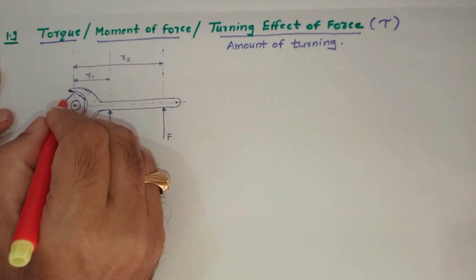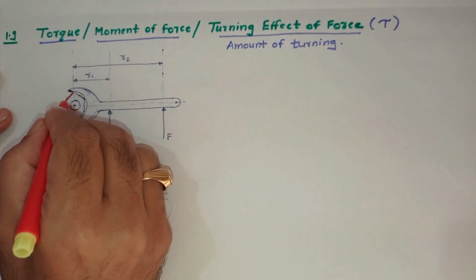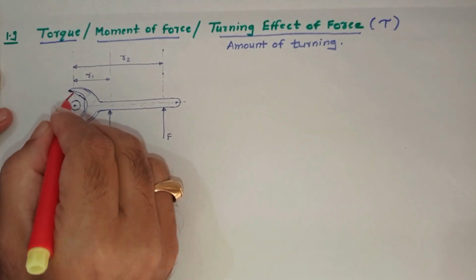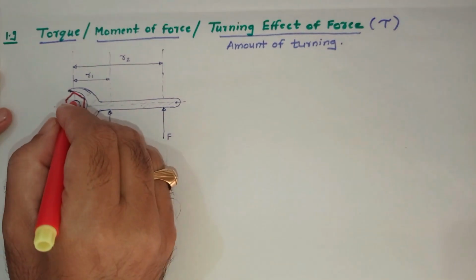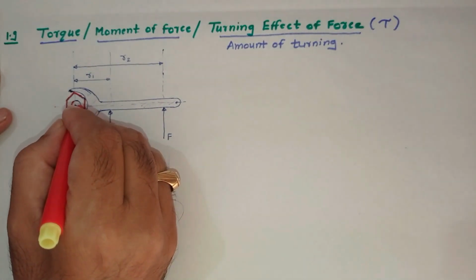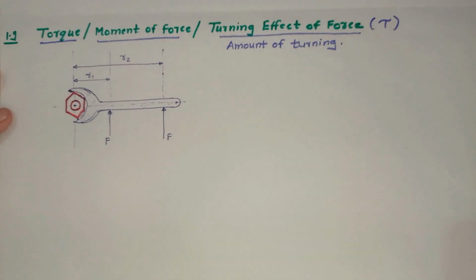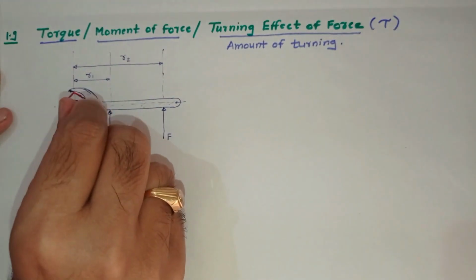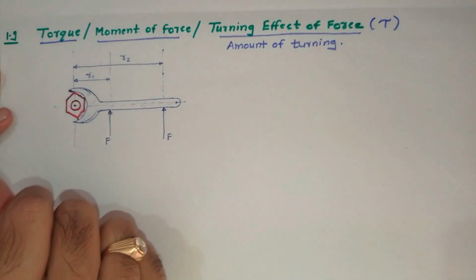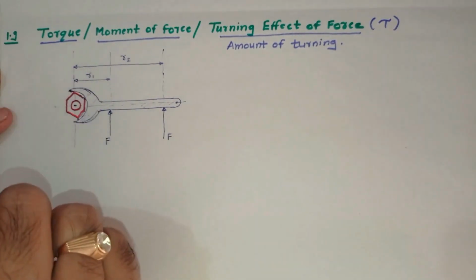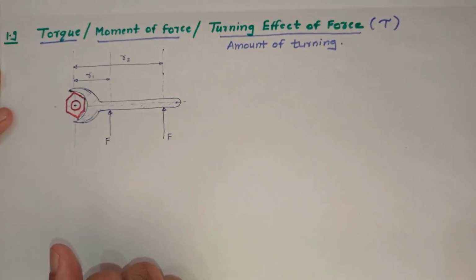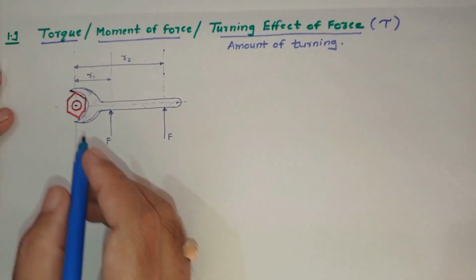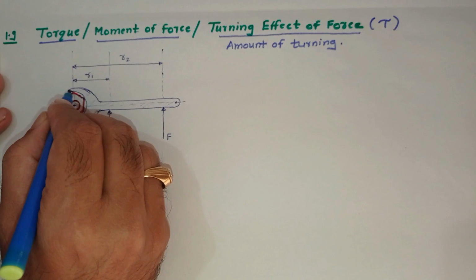Let us say this is a nut. एक नट है, and we want to tighten this nut या इसको लूज करना है. ओके सो अगर मैन्युअली हम लोग अगर कर रहे हैं तो it is very difficult to tighten this nut या लूज करना है तो it is very difficult because the more force is required. But instead of the manual, if we use the wrench या स्पैनर यूज़ करते हैं.